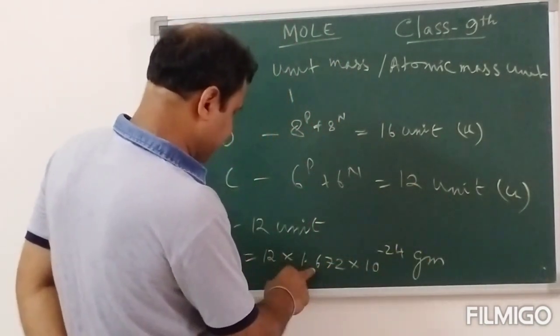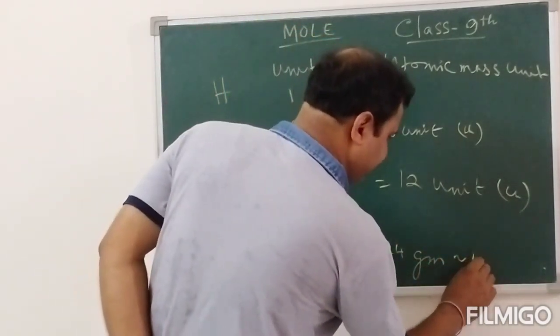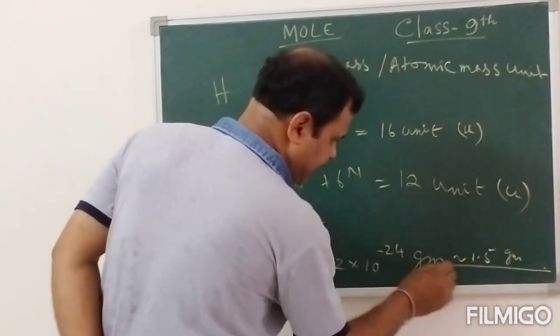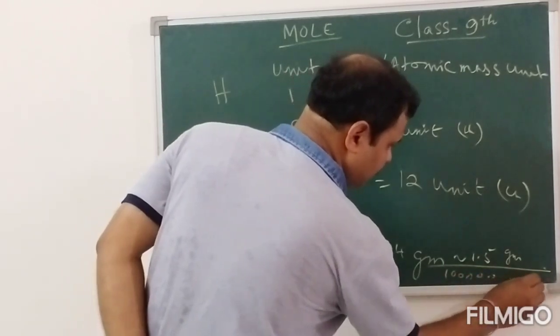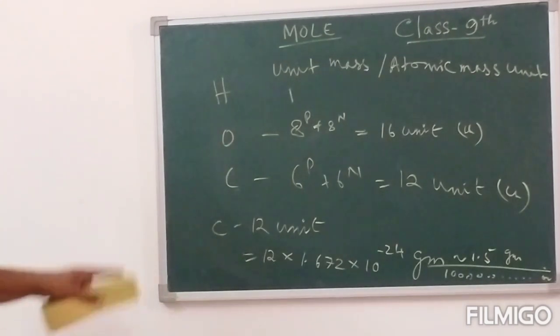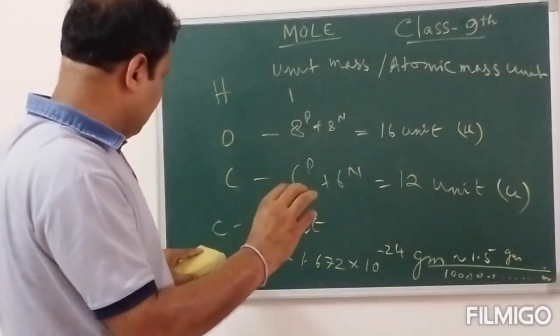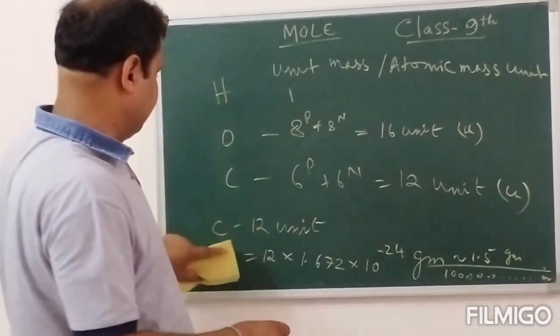Suppose it is around 1.5 gram divided by 1 with 24 zeros. Just think, it is such a negligible number that your mind cannot catch it.